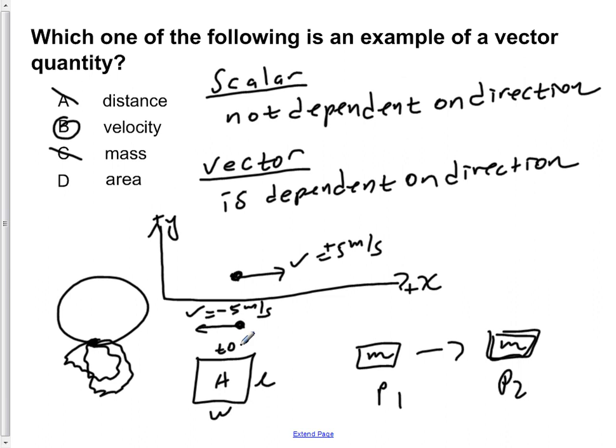Say this is the top, so if we were to flip it around, put the top down here, that would not change the area. It's not dependent upon which way it is directed, unlike velocity. If you flip the direction the velocity is facing, you're changing its sign. So that's why B, your velocity, is a vector.